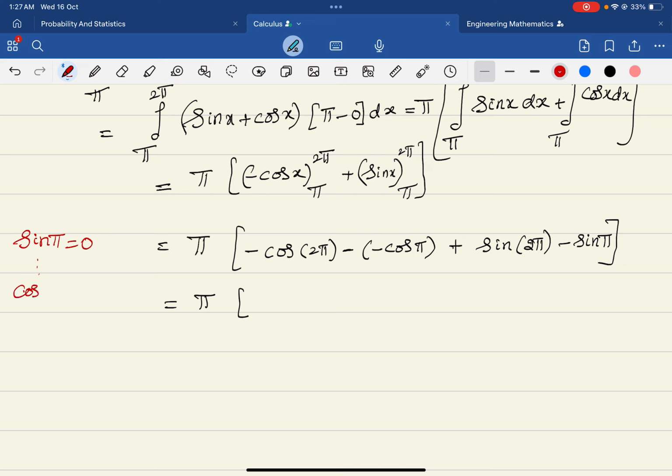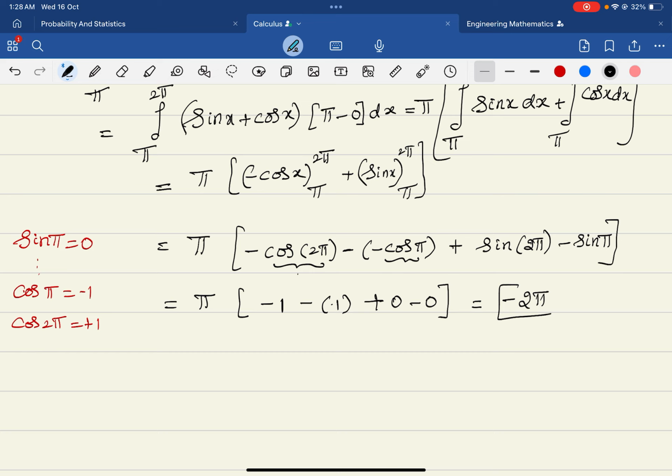Whereas cosine pi is minus 1, cosine 2 pi is plus 1. If you remember this, it will be easy for you, or otherwise your calculator gives you the value. So cosine 2 pi is 1, so it is minus 1. Cosine pi is minus 1, so it is minus of minus 1, which is 1, plus sin 2 pi is 0, sin pi is also 0. So the value of this is pi times (minus 1 plus 1)... and the value of the double integral is minus 2 pi.